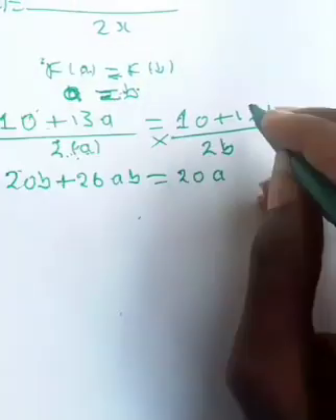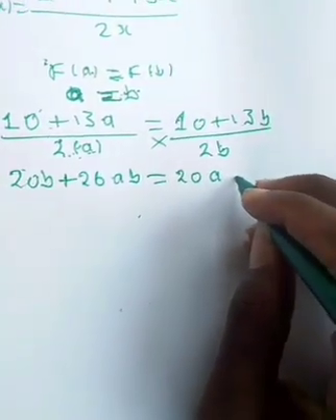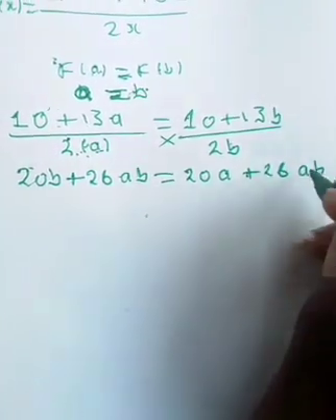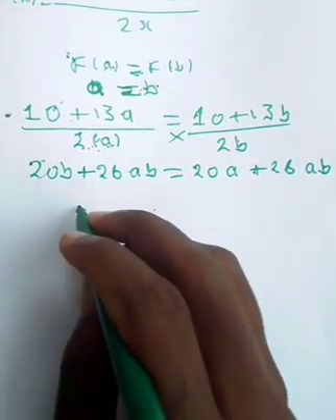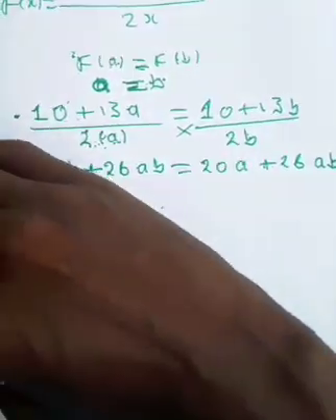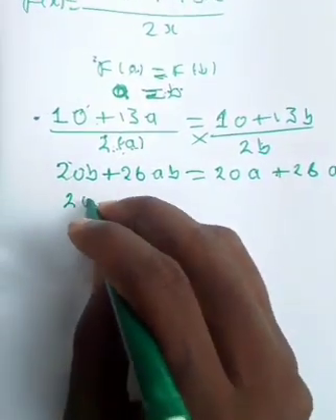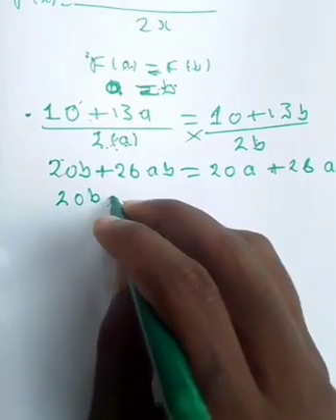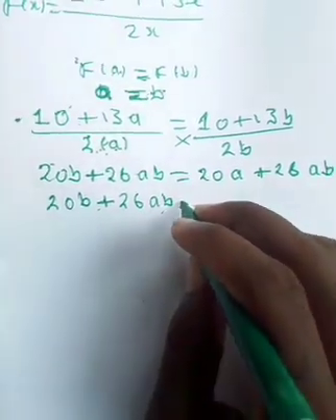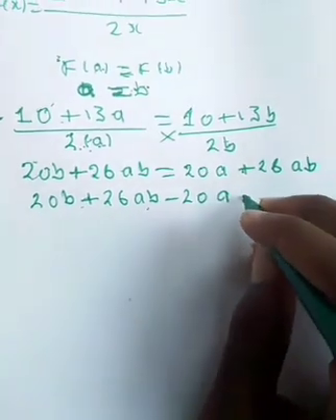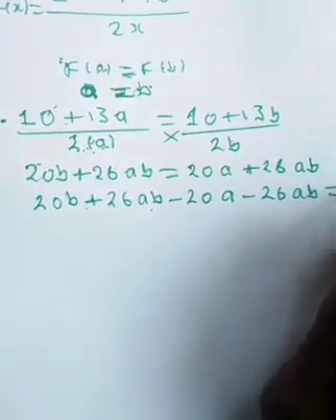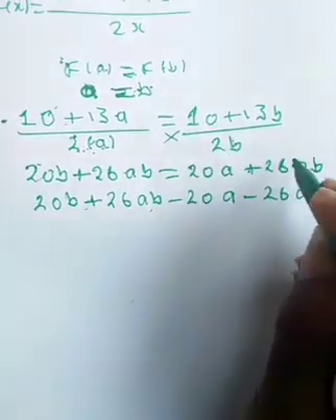Then 2a times 13 is going to be 26ab, right? So we can try to simplify this. I'll take what is on the right hand side to the left side. We see what can be subtracted from which. 26ab minus 20a minus 26ab, because when you take what is here, the sign will change.